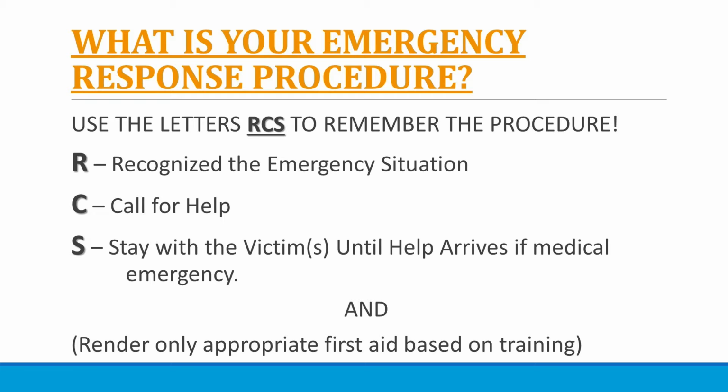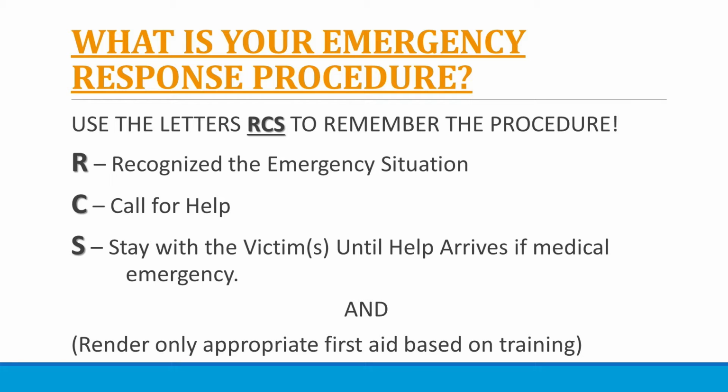So what is your response during an emergency? Well, if we use the letters RCS, we can remember what we need to do as far as procedures go. R, recognize the emergency situation, and as the first step, I'm going to tell you early recognition is absolutely imperative.